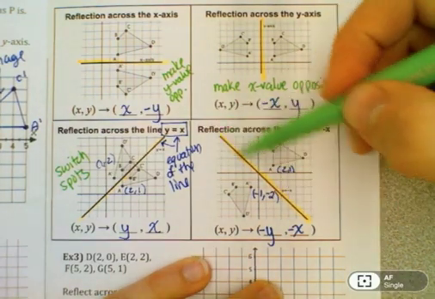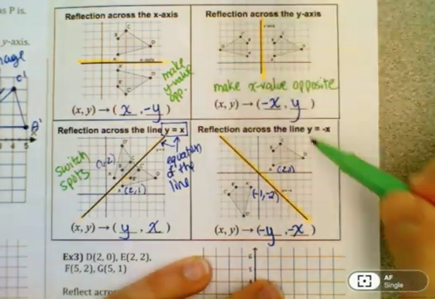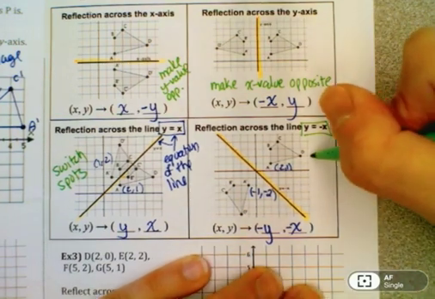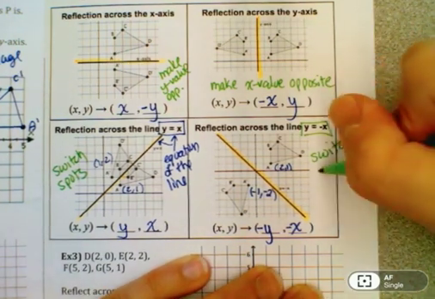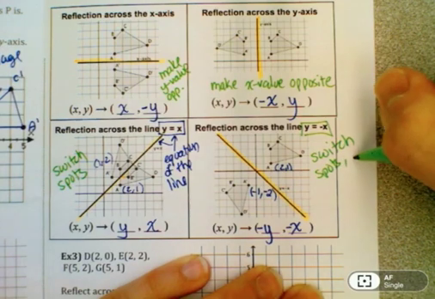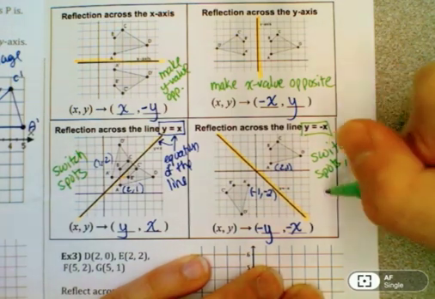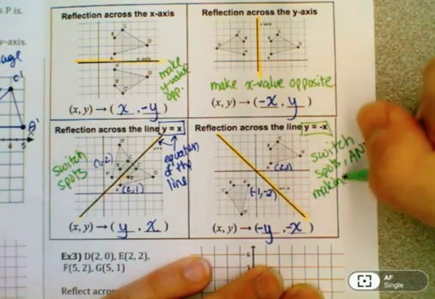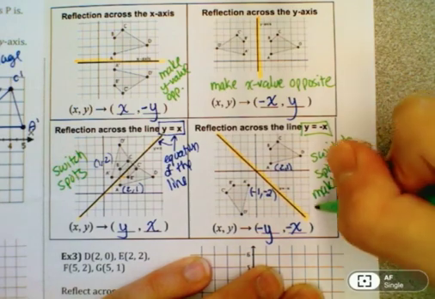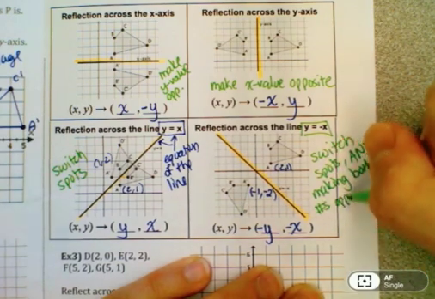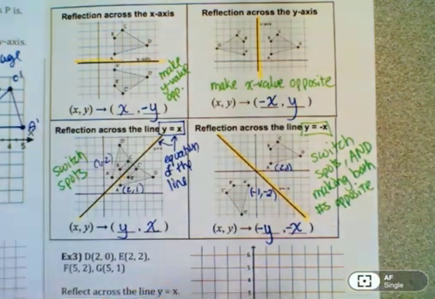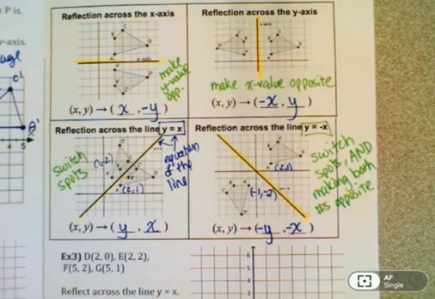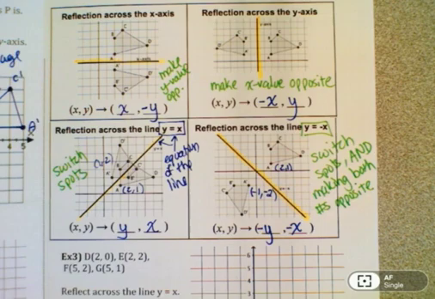And then when we're reflecting across this line, which has the equation y equals negative x, we're switching spots and making both numbers opposite. So if the original point was positive, the new one will be negative, and vice versa. So that's sort of writing out those rules using words instead of coordinate notation, because sometimes that's just easier.